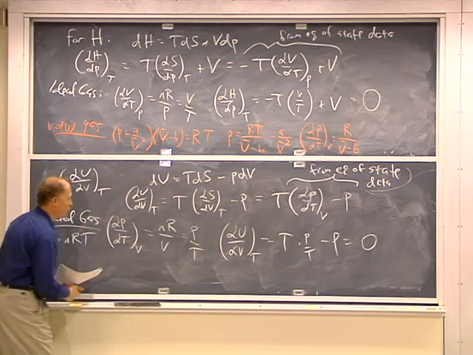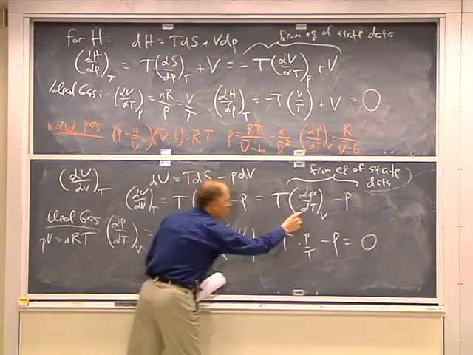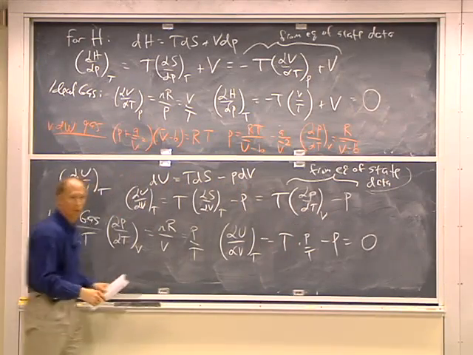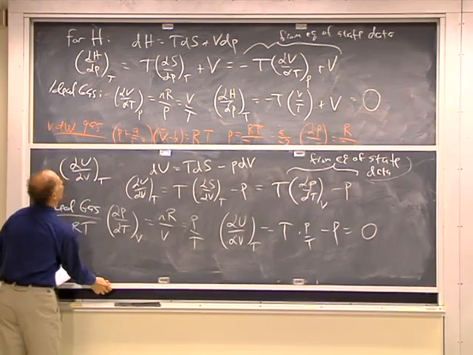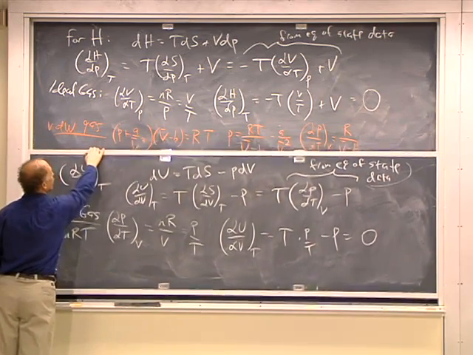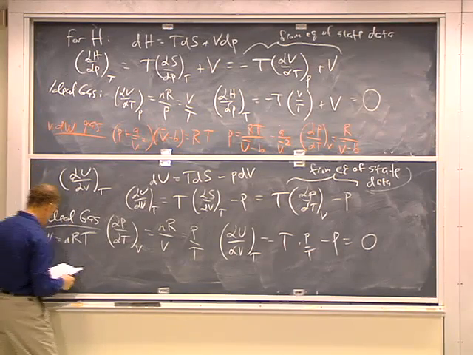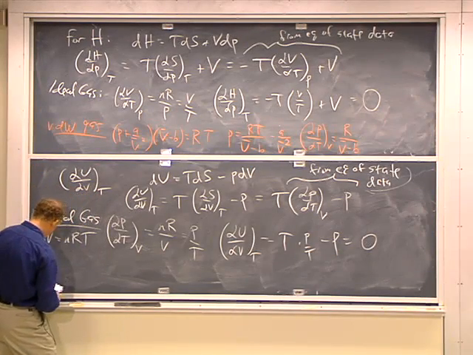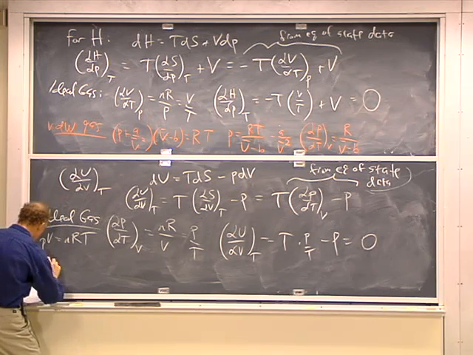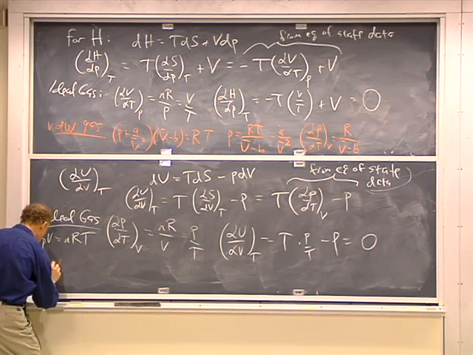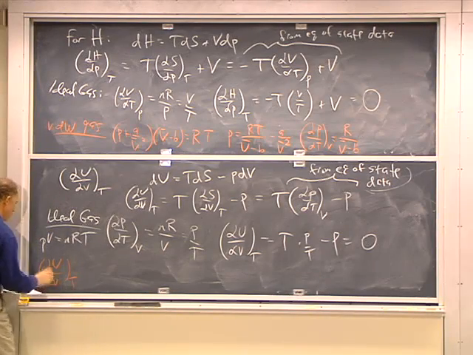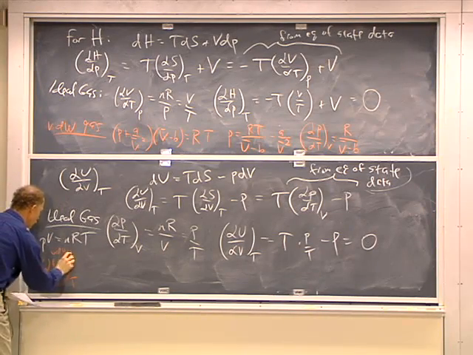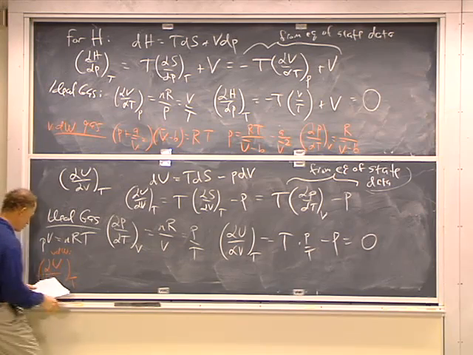now it's going to be different, and that's because this is different from what it is in the ideal gas case. Namely, now dU/dV at constant T for the van der Waals gas.